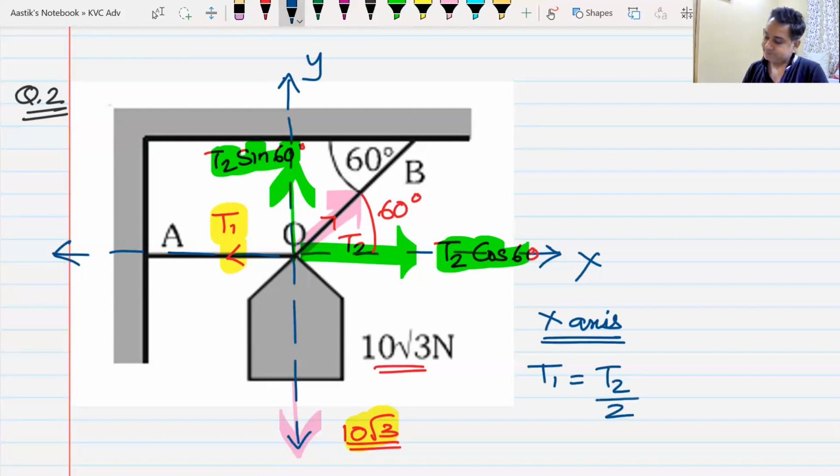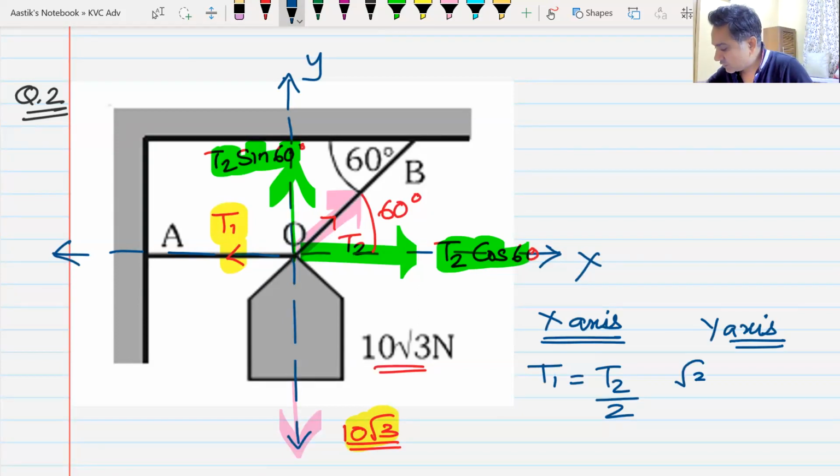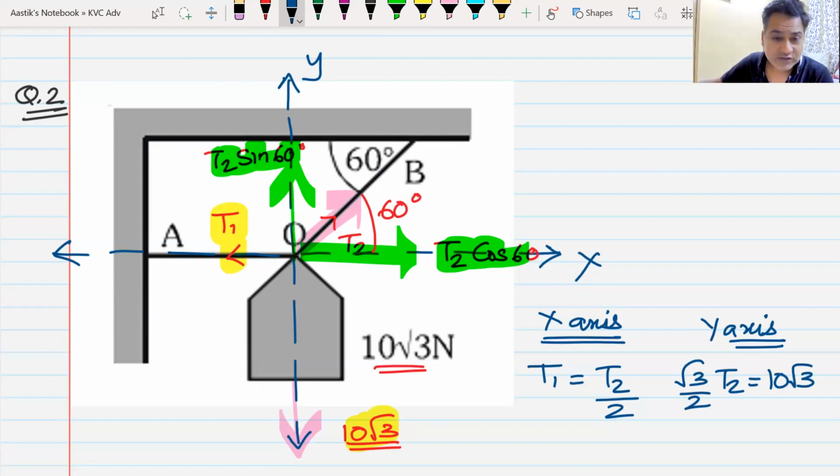What do you see along the y-axis? T2 sine 60 is in the upward direction. Sine 60 is root 3 by 2. So root 3 by 2 T2 is equal to 10 root 3. From there, you can get T2 as 20 and T1 as 10. Do we understand this? Yes or no?